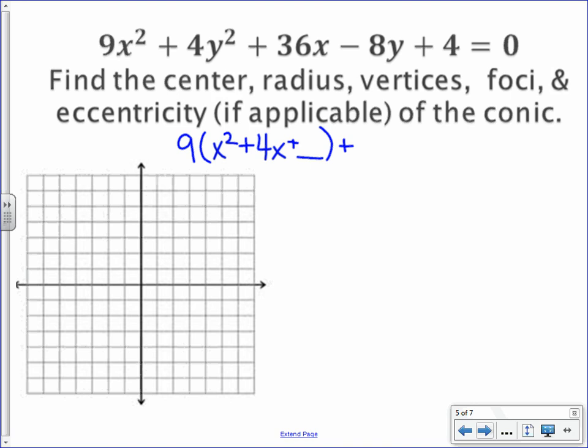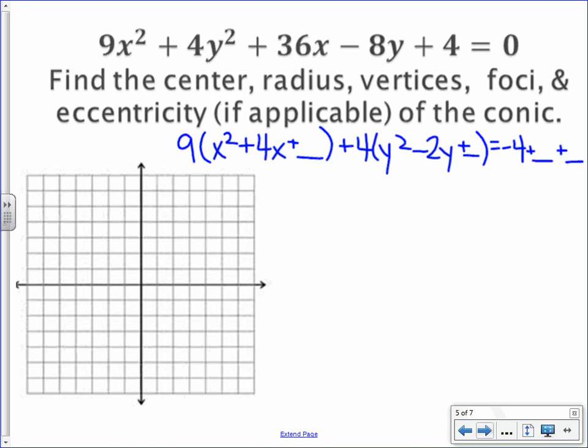Then y squared has a coefficient of 4, so that is going to have to be factored out of our y squared and our y term. I'm going to move this constant to the other side, because it's just kind of in the way. Just put it to the side for now.